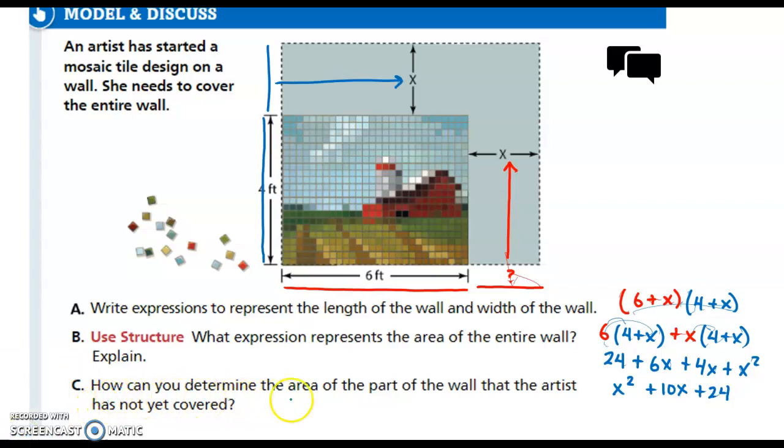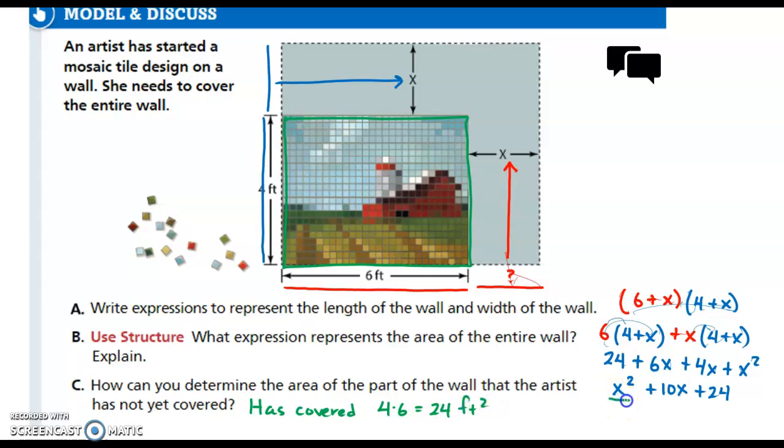Part C says, how can you determine the area of the part of the wall that the artist has not yet covered? Well, the artist has already covered this portion of the wall, and we know the area that she has covered would be length times width. So she has covered 4 times 6, which is 24 square feet.